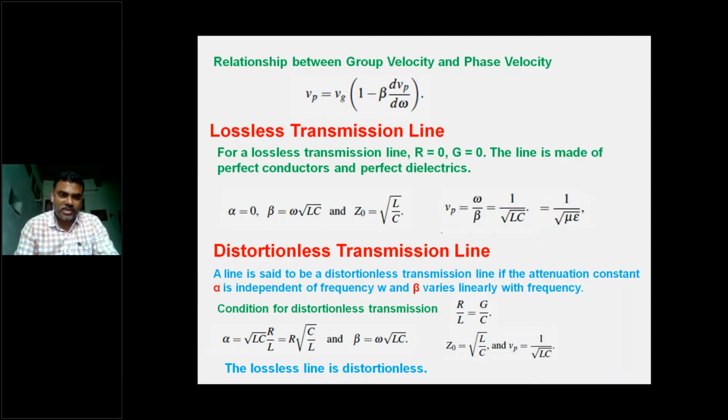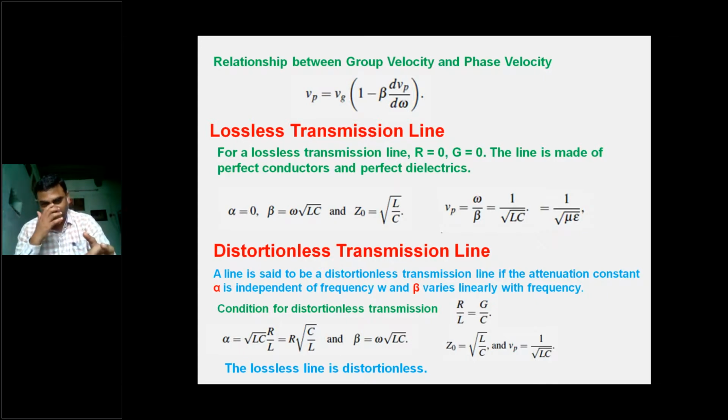See here, lossless means R value and G value are 0. That means that line should be made of perfect conductor and dielectric. Distortionless transmission line means that it should be distortionless with respect to frequency. Generally distortions here mean amplitude distortion and frequency distortion.